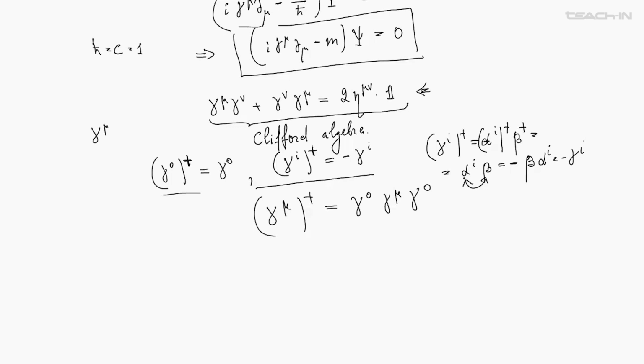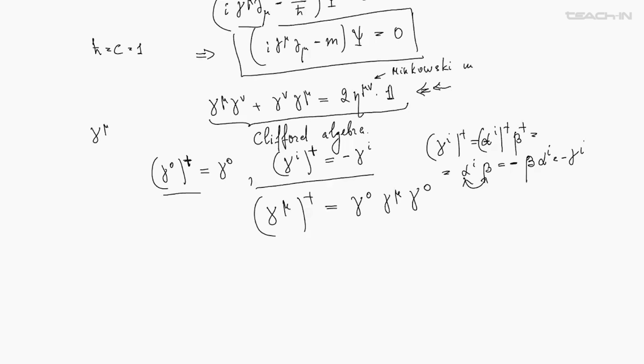But gamma 0 squared, due to this Clifford algebra relation, is actually equal to 1, and so you are back to the hermiticity condition for gamma 0, and analogously for gamma i's. I forgot to mention that in this Clifford algebra relation, eta mu nu is the standard Minkowski metric.